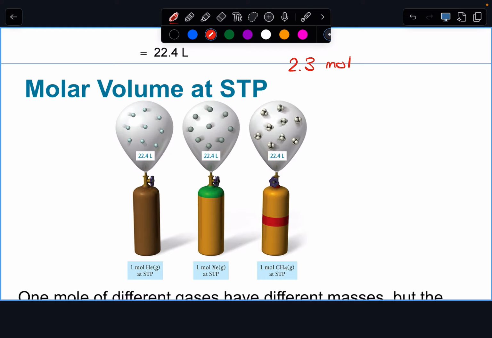Instead of plugging into PV equals nRT, like you could do that, you could say volume equals 2.3 moles times R times 273K over 1 atmosphere. But that's pretty much something you could do in your head, 22.4 times 2.3. Okay? Or at least roughly do the calculation.